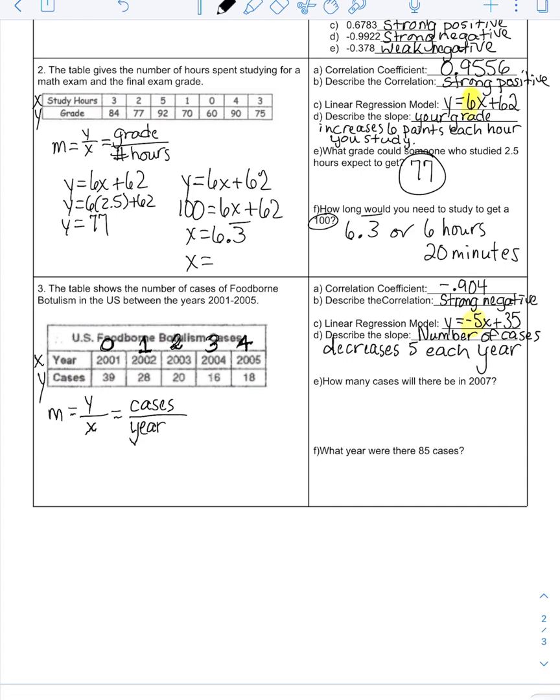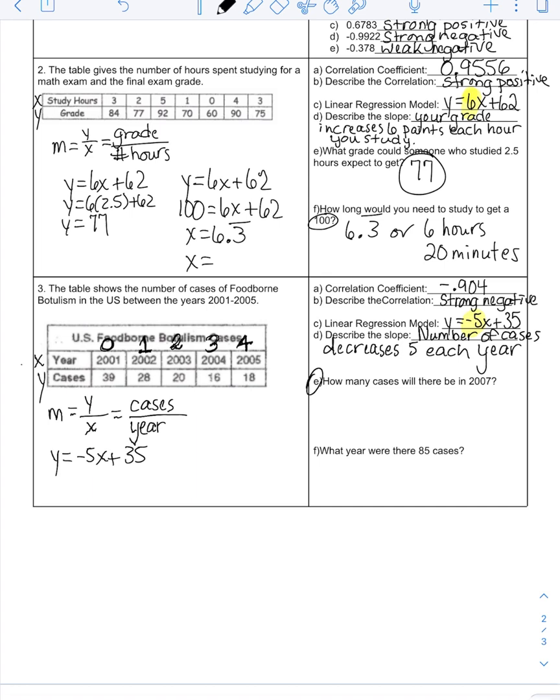Now we're actually going to use that equation to make some predictions. That's the entire reason that we write equations or a linear regression model. So let's write that equation. y equals -5x plus 35. So part E says, how many cases will there be in 2007? Now I'm not going to plug 2007 in, right?